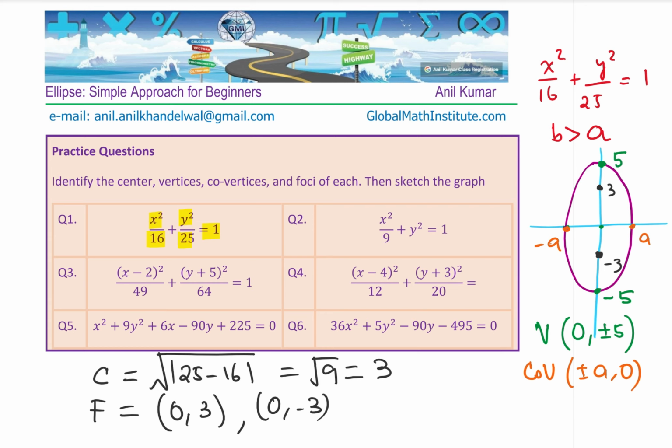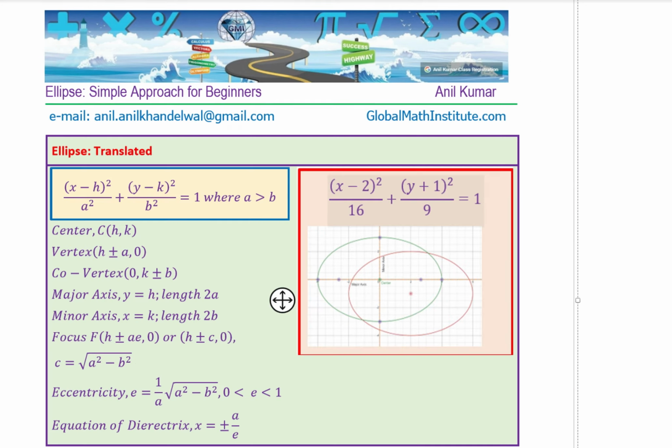Correct? So now I'll take up the examples where we will look into the transformation of an ellipse. That is to say, now the ellipse has moved from its original position with center at 0.